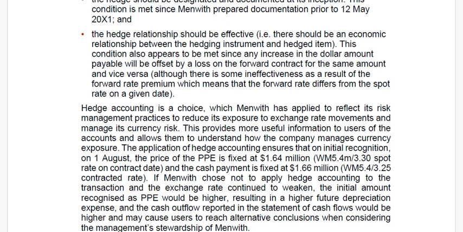The application of hedge accounting ensures that on initial recognition on 1st August, the price of the PPE is fixed at $1.64 million, translated from 5.4 million WM at 3.50 spot rate on contract date, and the cash payment is fixed at $1.66 million, translated from 5.4 million WM at the agreed rate of 3.25.